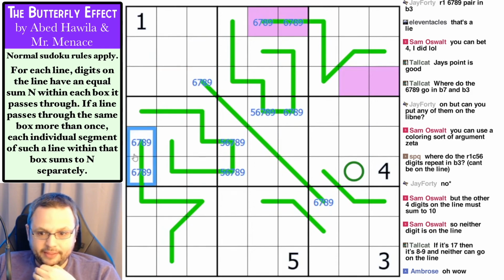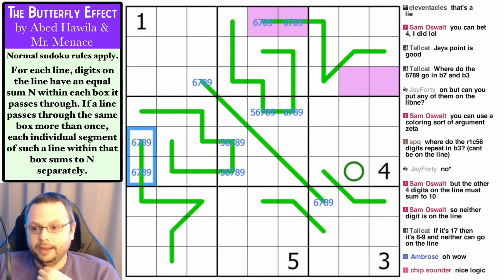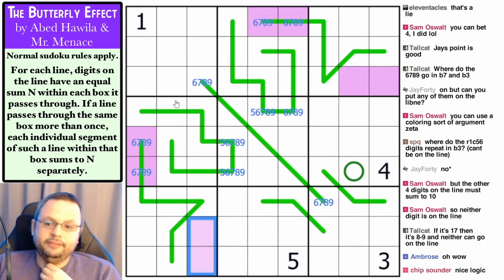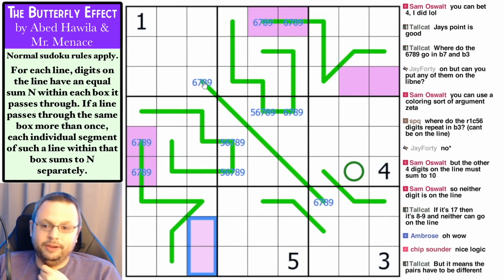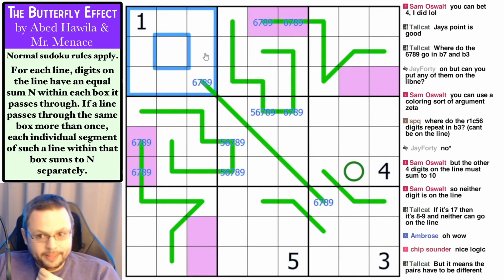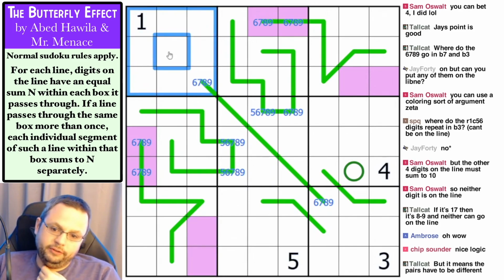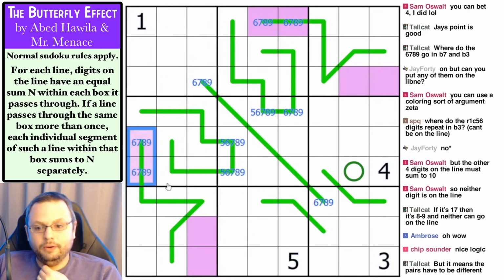And exactly the same thing works here. So let's first of all convince ourselves that these can't actually be purple. Because if these were purple, I would ask the question, where does purple go in box 1? And the answer would be both purple digits go here. And so they're not purple. They are yellow.